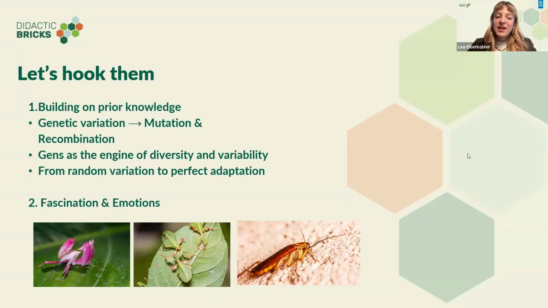So with that, I already connect them to fascination and emotions, because I hope that at least they are caught and hooked by seeing that insect and how it really is adapted to its surrounding, and all of that they already know from evolution. Okay, next slide.